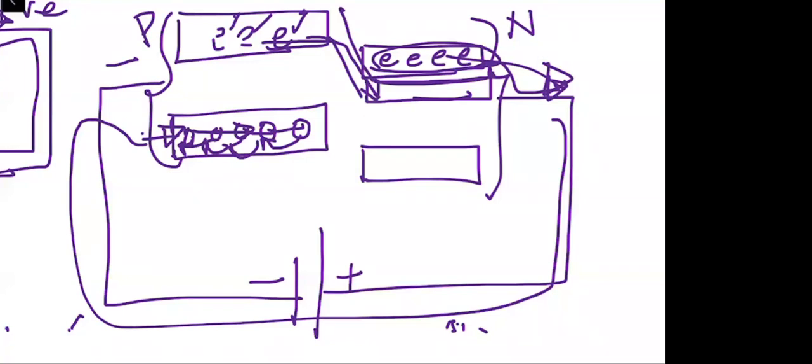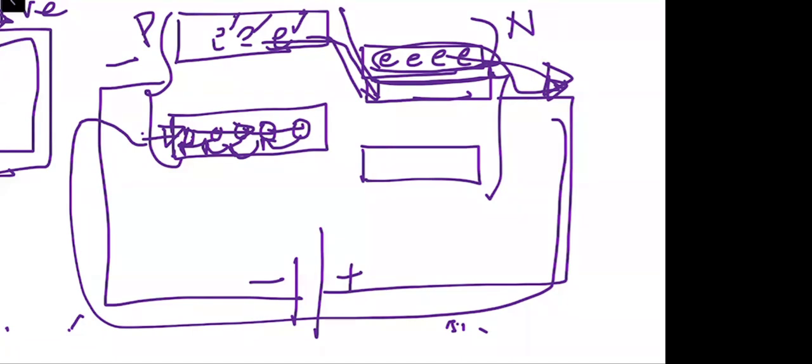Right? And due to this, a very small current is going to flow due to the minority carriers, because the amount of free electrons on the P side is very, very small. It is only due to the electron hole pair creation.